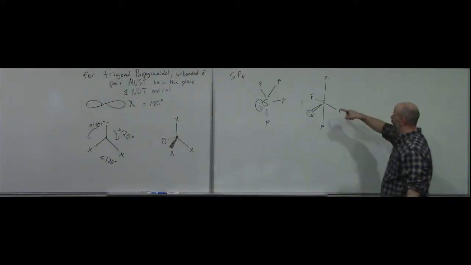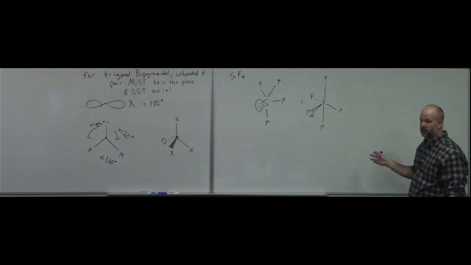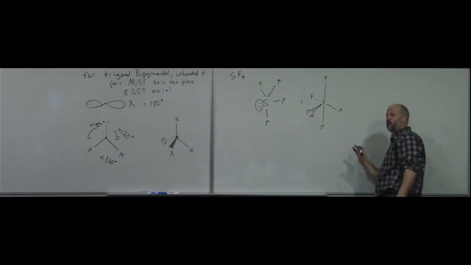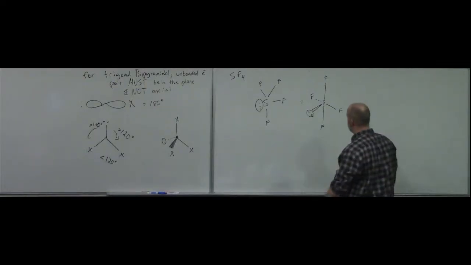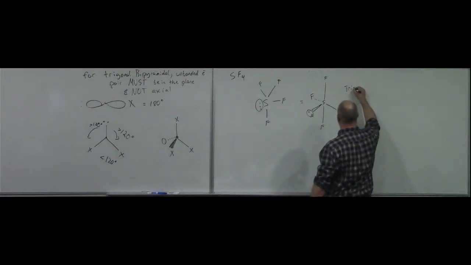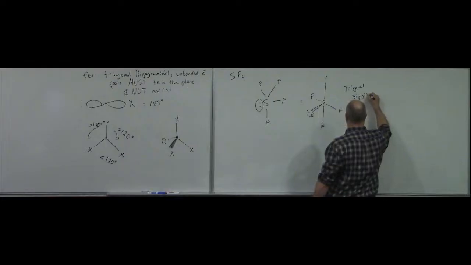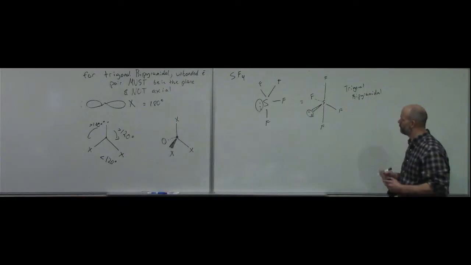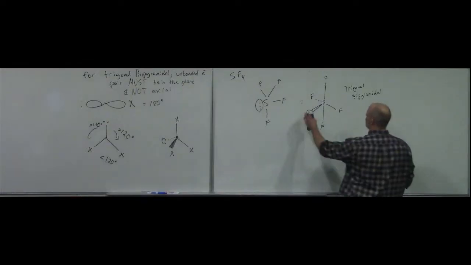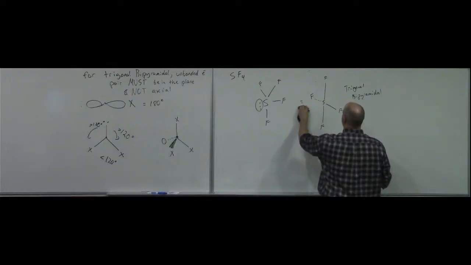So my electron shape is, what's this shape called? Trigonal bipyramidal. Yeah, trigonal bipyramidal. What's my molecular shape? I've got to erase this.